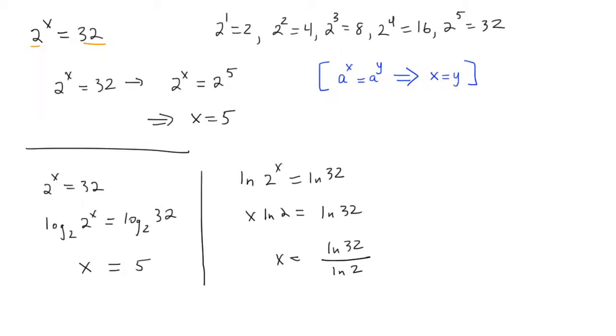Now, it is not at all obvious that this, in fact, equals 5. Although we can rewrite it here to see that this is, in fact, 5, because 32, we said, was 2 to the fifth. And so this is what we have. The 5 pops out, and then the logs of 2 cancel, and we get 5.